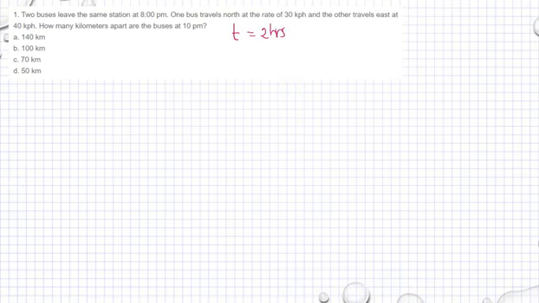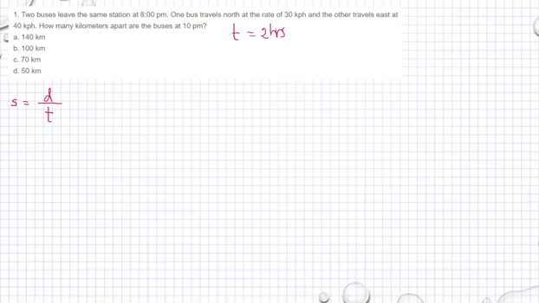And you know that speed is equal to distance divided by time. So if you know the speed and you know the time, then you can always solve for the distance.